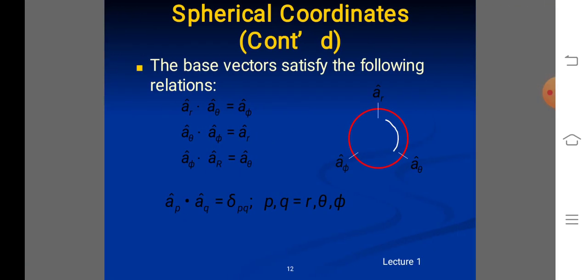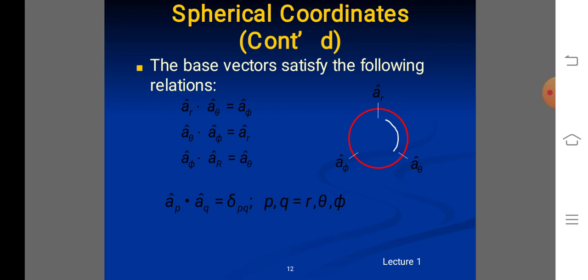The spherical coordinate system has base vectors, and as I already said, the base vectors multiplied by the dot product work the same as in cylindrical and Cartesian: two different vectors multiplied by dot give another vector. a_r dot a_theta equals a_phi, and a_theta dot a_phi equals a_r.